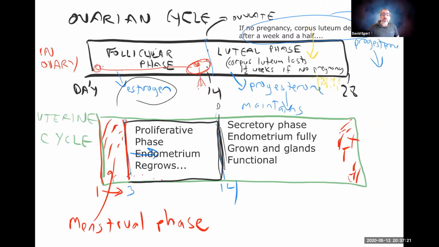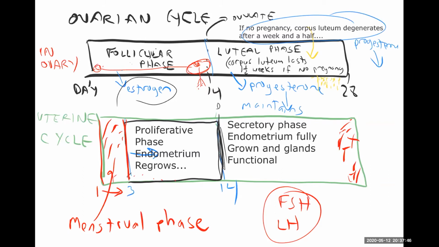Does anybody have a sense what hormone is ultimately going to be pulling the strings on this whole thing? FSH? So we have FSH and LH important to run all this. And what's running FSH and LH even? Remember, the hypothalamus is what is actually controlling the pituitary gland.